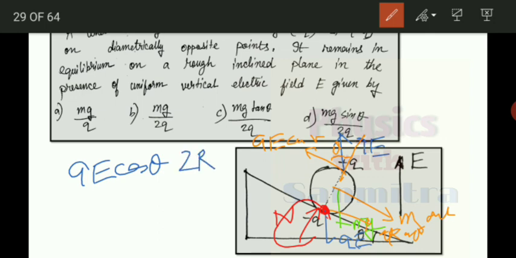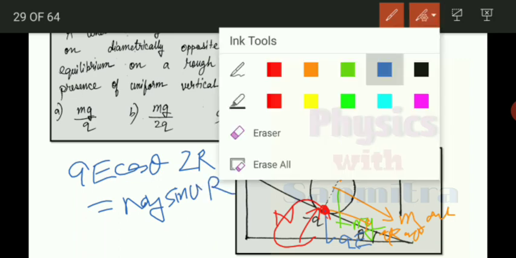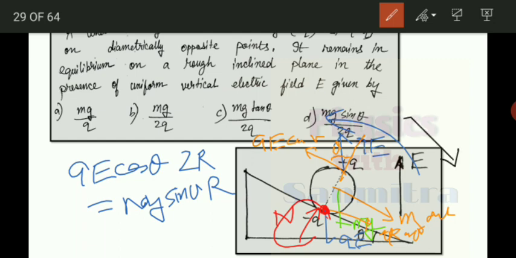This will have torque in this direction, equal to mg sin theta into r, and this will have a torque in the clockwise direction. So if I solve this, I will get E is equal to mg tan theta by 2q. So my correct option is option C.